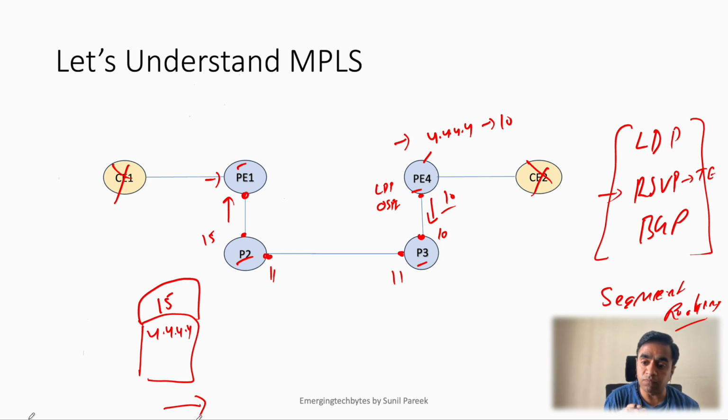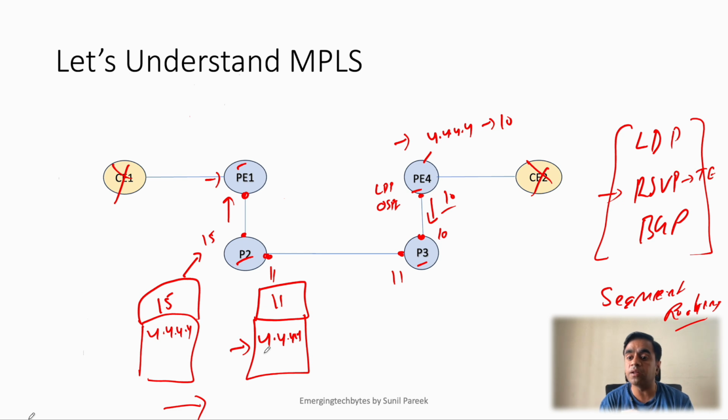Now listen to me carefully here. P2 will look at this incoming label only, 15, and it will simply swap that label with 11. It will not look at this internal destination, what exactly that is. It will simply do this swap operation. Then you send the packet in this direction towards P3.